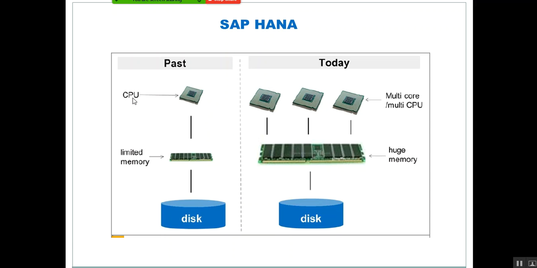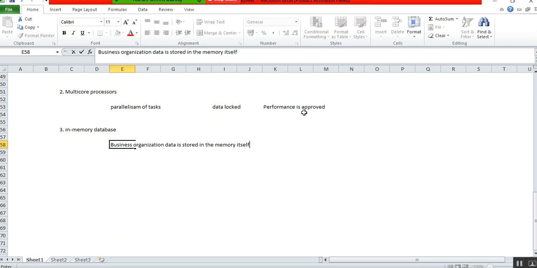From this place to this place, the data is traveling whenever you execute a report. The data journey takes more time, but here the disk is not rotating because the data is available in the cache memory itself. From here, the data comes into the CPU whenever you extract the report. So here the data journey time is very less. This is one of the additional reasons why the performance is good in case of HANA database.